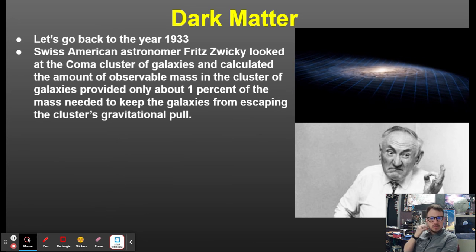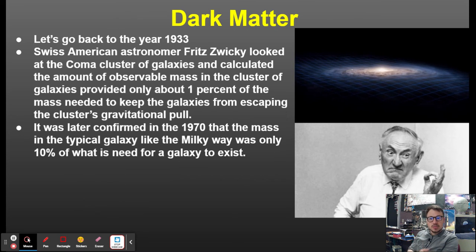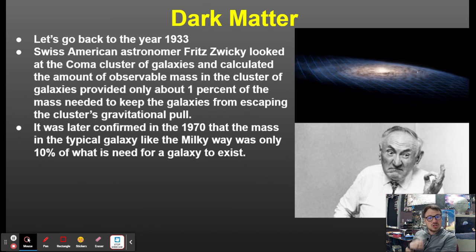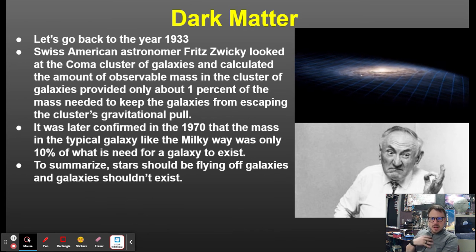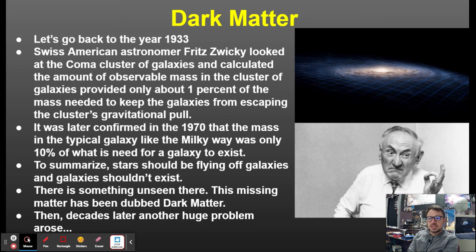And when we started looking at galaxies, this was a common phenomenon, and it was confirmed in 1970 that the mass of a typical galaxy like the Milky Way was only 10% of what was needed for the galaxy to exist. But galaxies do exist. There's this unseen thing that is causing this extra gravity. That is what has been called dark matter, right? Something is causing this gravity that holds these galaxies together.